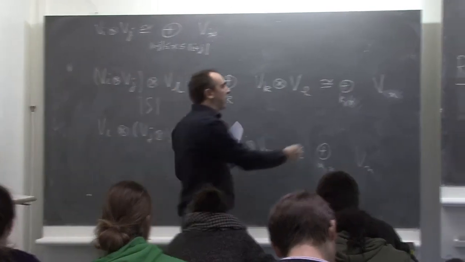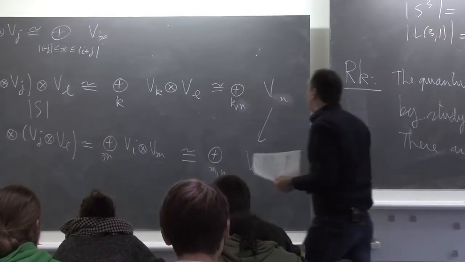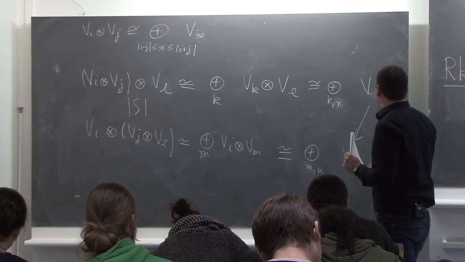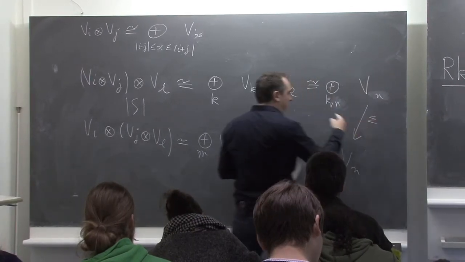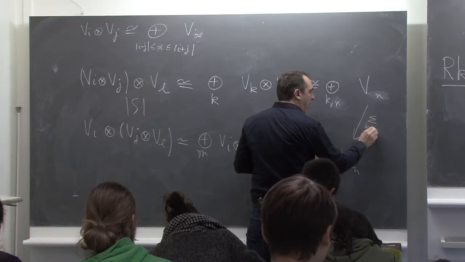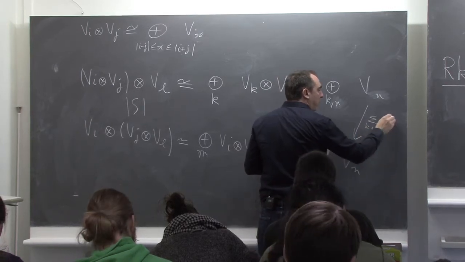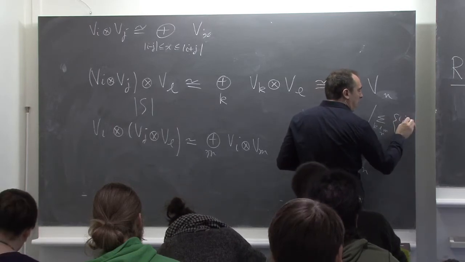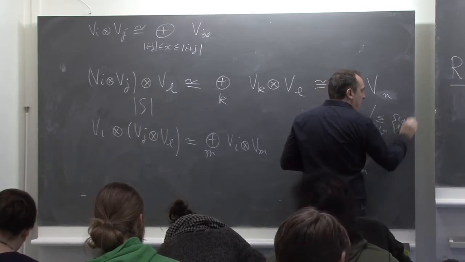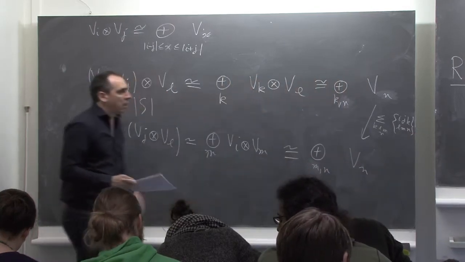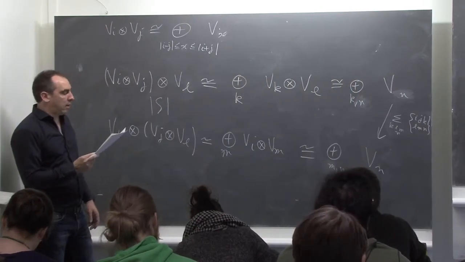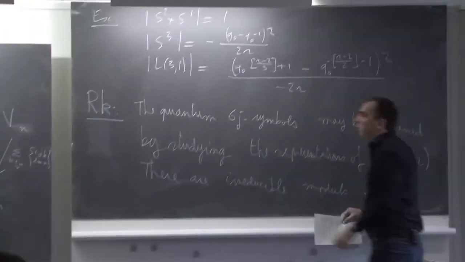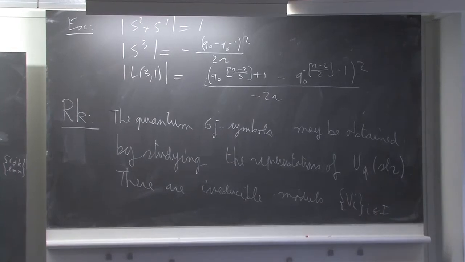And so here, this is a multiplication by some number I, J, K, L, M, N. And these numbers, when you compute with these irreducible modules, give the numbers I gave before.